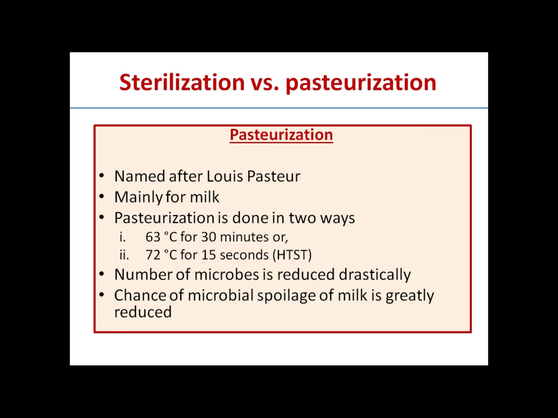So, milk can be heated at 63 degrees Celsius for 30 minutes to get most of the microbes in the milk killed so that the spoilage of the milk is delayed, because most of the harmful microbes will be killed through the process.